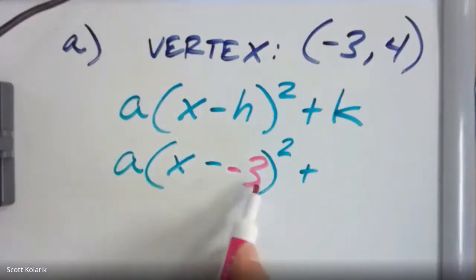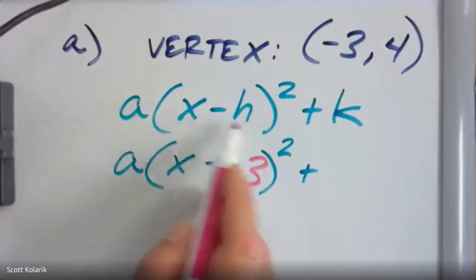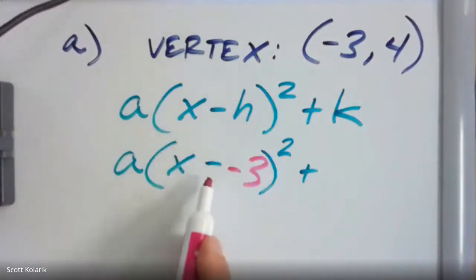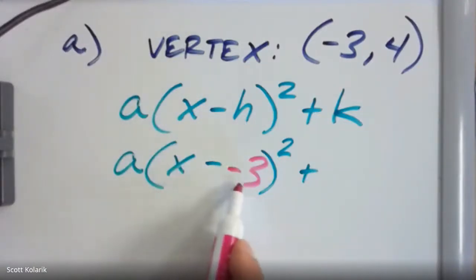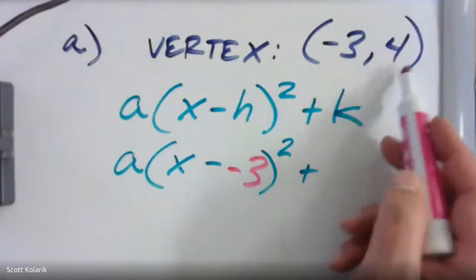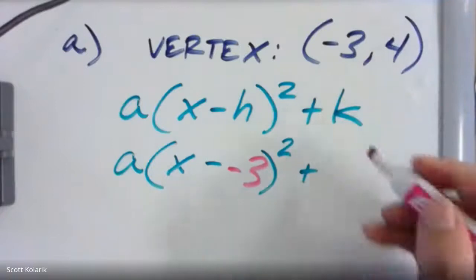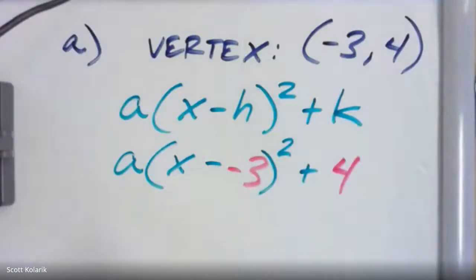Right? And I take the time to write it out because that's one of the more common mistakes. People are like, oh, it's a minus already, so I can just put in -3. No, technically it is a minus -3 because the -3 is the actual h value. Now, k is a +4. So when I add a +4, it's just +4. Right? No real special thing happening there.